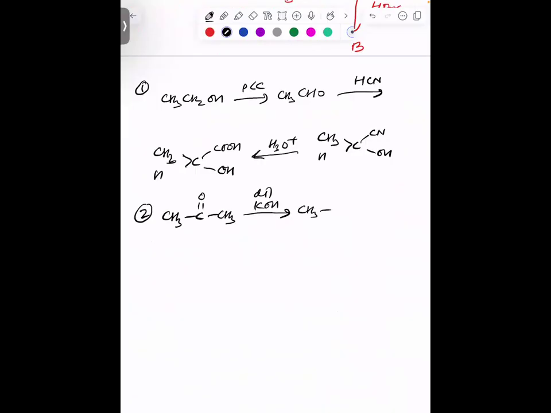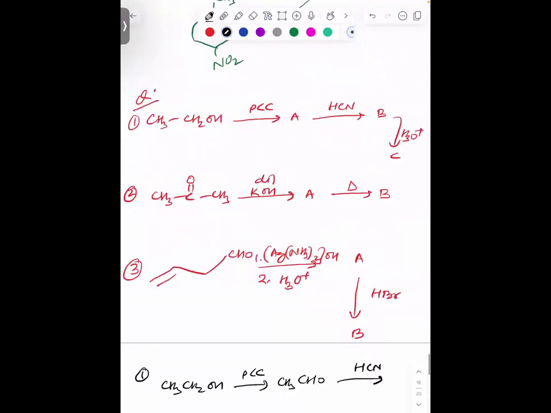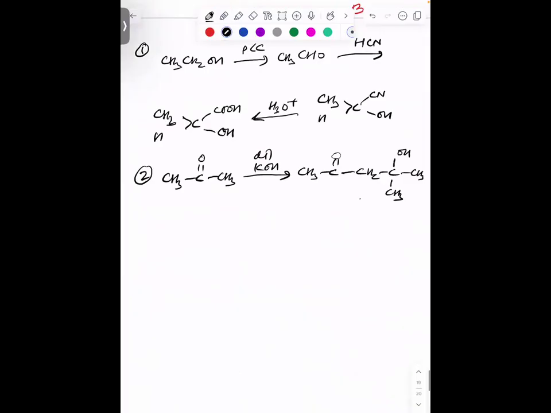The aldol condensation will happen, then the product will be this, and when this aldol is heated, the double bond will be formed on the side of the carbonyl compound.